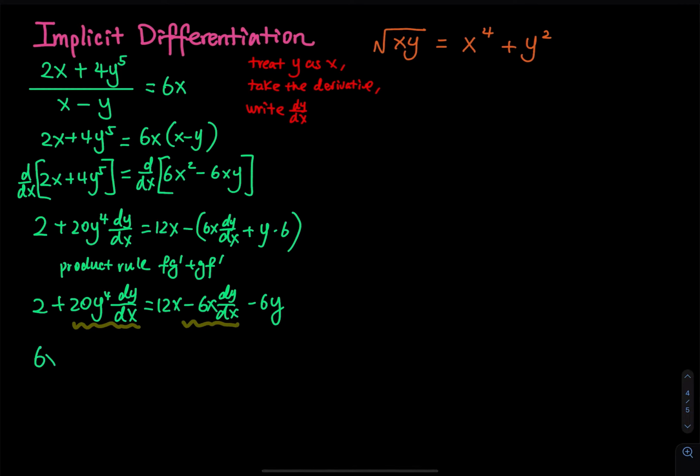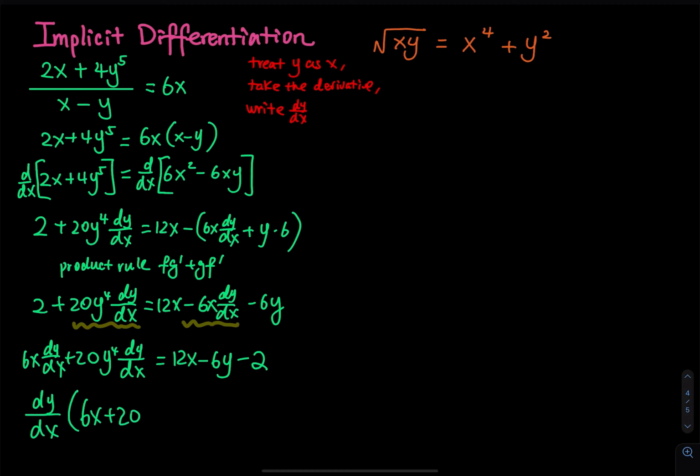So we have (6x plus 20y to the fourth) dy/dx equals 12x minus 6y minus 2, and then we factor out, oh, I forgot to write a dy/dx. I'm going to correct this and write 6x dy/dx, and then we factor out dy/dx. So we have (2 plus 6x plus 20y to the fourth) equals the right hand side.